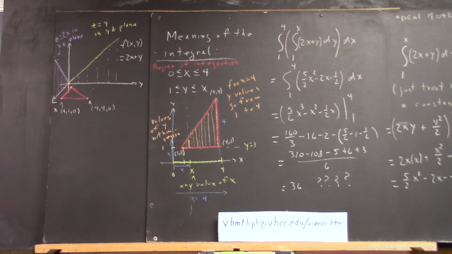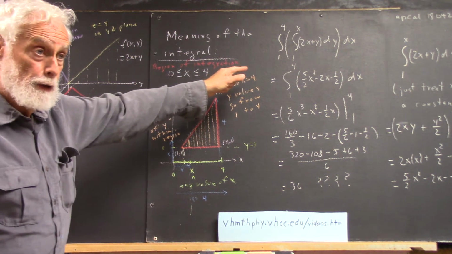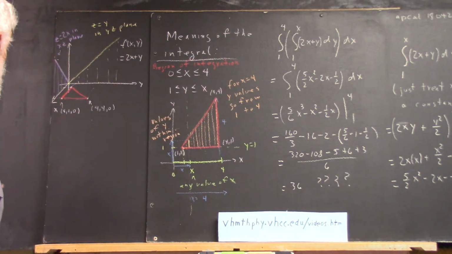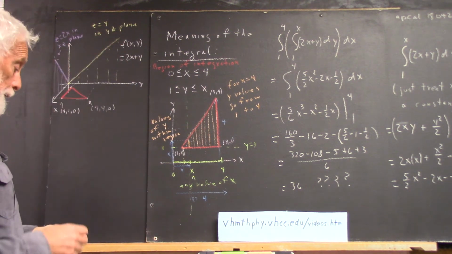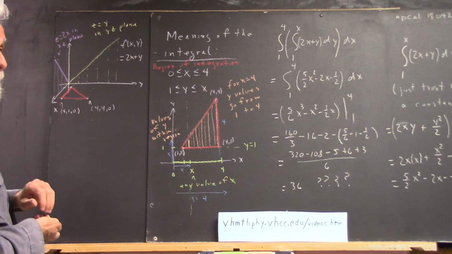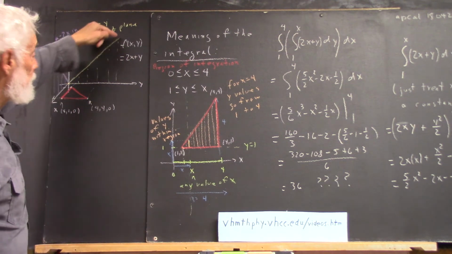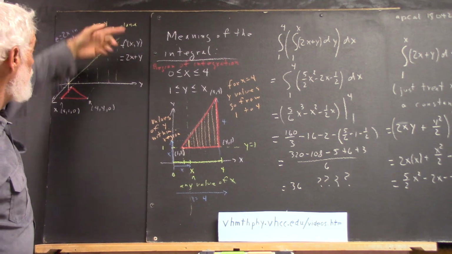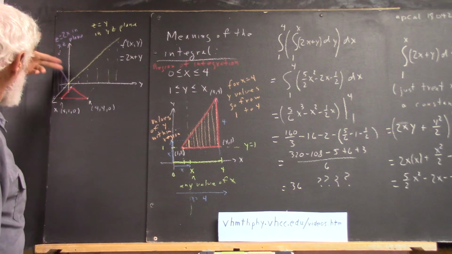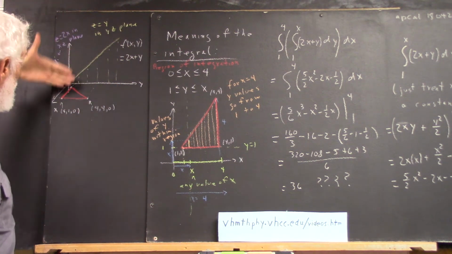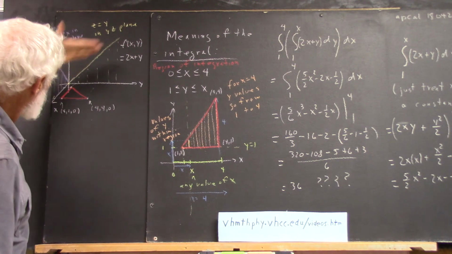Maybe should have written that there before, but I think it was implicit. Our f of xy equals 2x plus y function is what we're attempting to look at. Okay? And here it is in the yz plane. Here it is in the xz plane. Again, we see a plane kind of coming out like this.